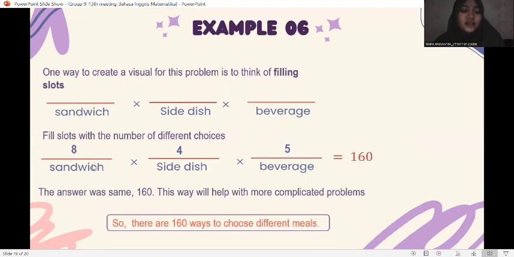So 8 for sandwich times 4 for side dish times 5 for beverage equals 160.